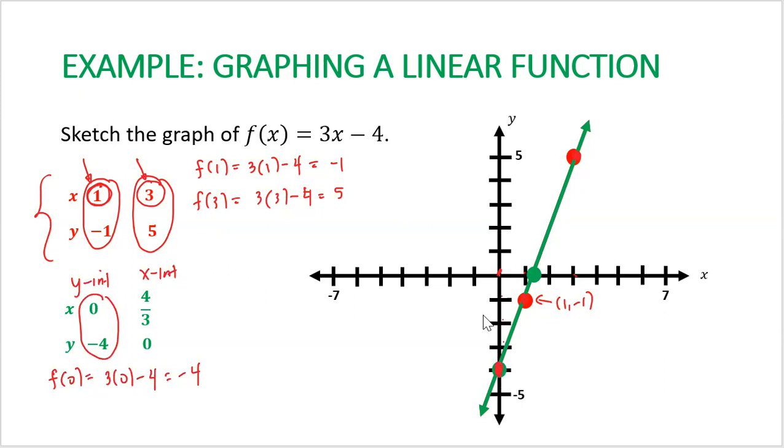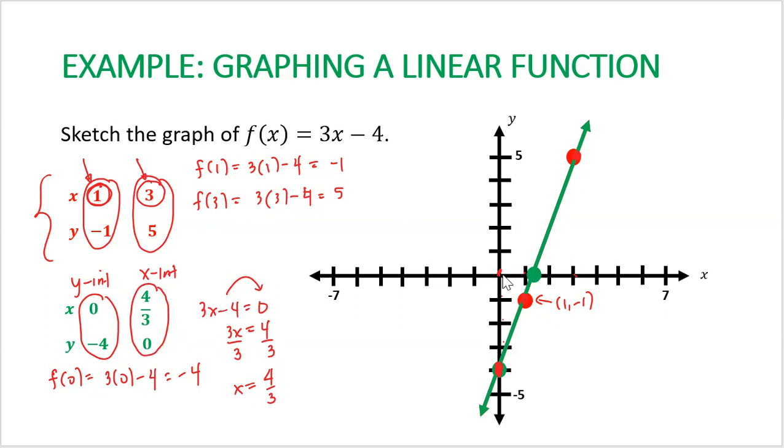And then for the x-intercept, we will equate 3x minus 4 to 0 and then solve for x. So in that case, we have 3x equals positive 4 and dividing both sides by 3, we get x is equal to 4 over 3. So that's why our x-intercept is the point 4 thirds comma 0.